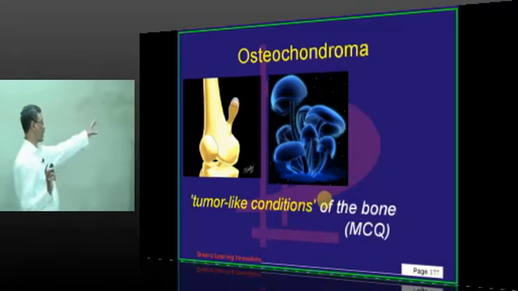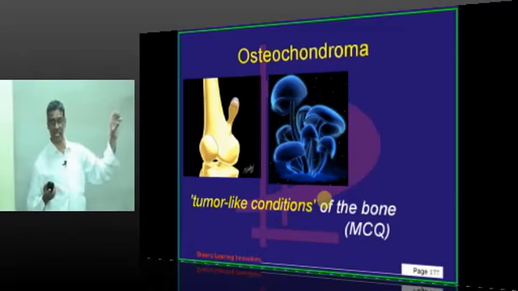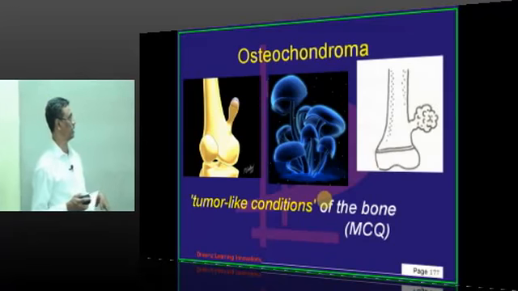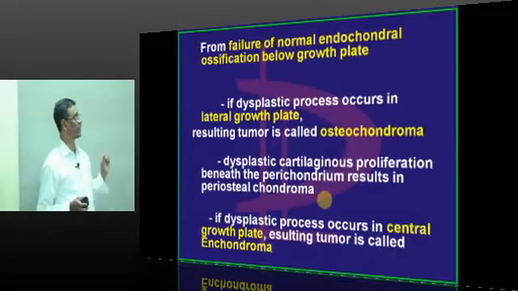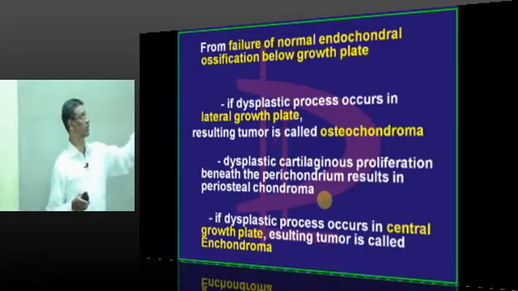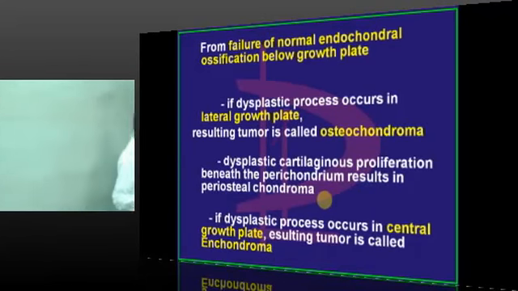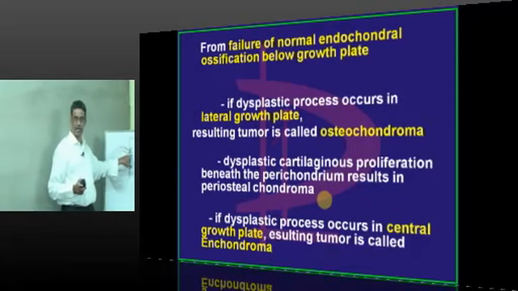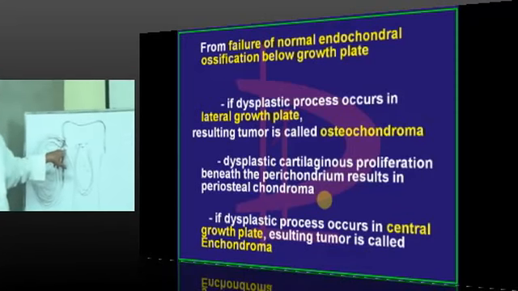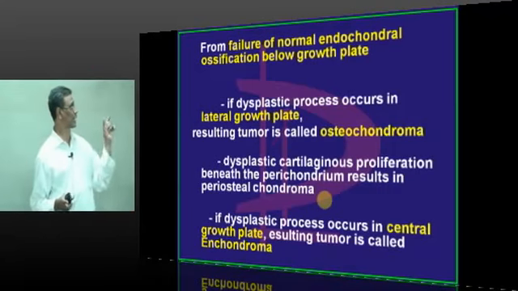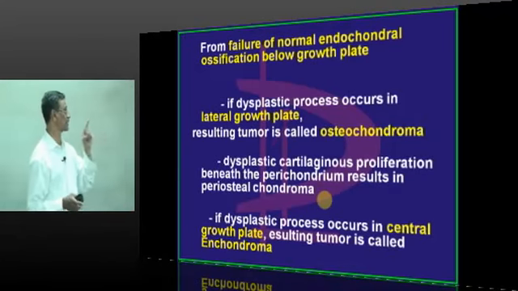So this is an outward pouching, a mushroom-like, tumor-like condition on the bone, from the failure of normal endochondral ossification below the growth plate. If the dysplastic process occurs in the lateral growth plate, it results in osteochondroma.